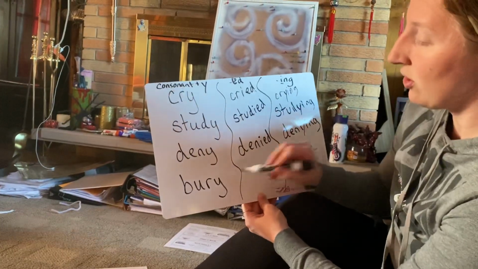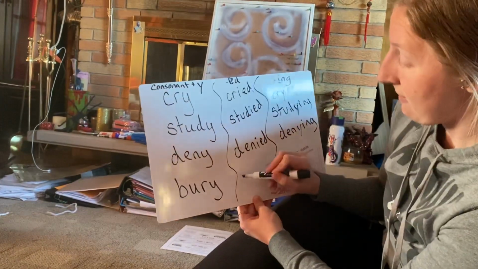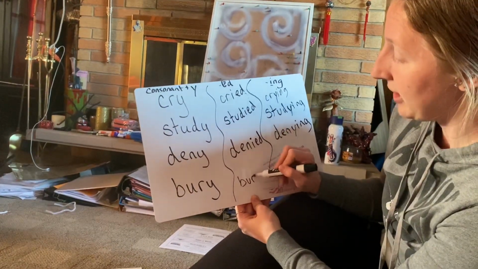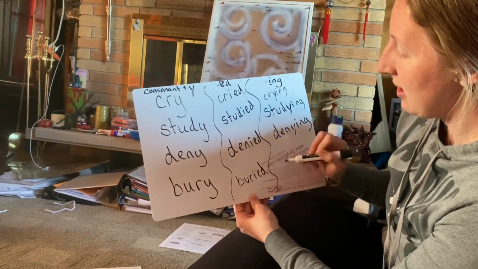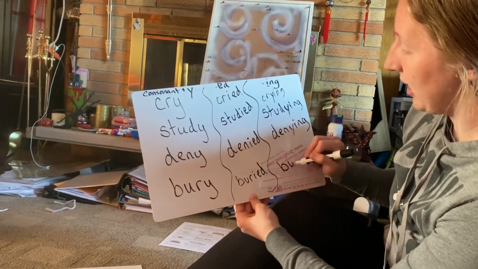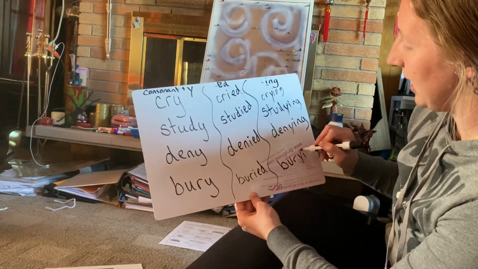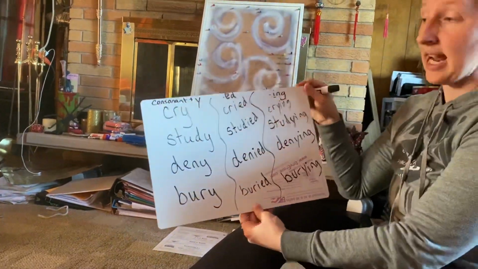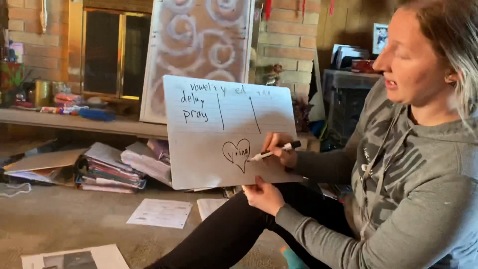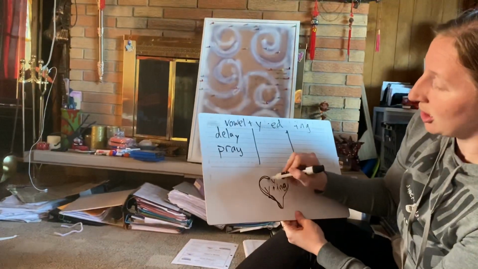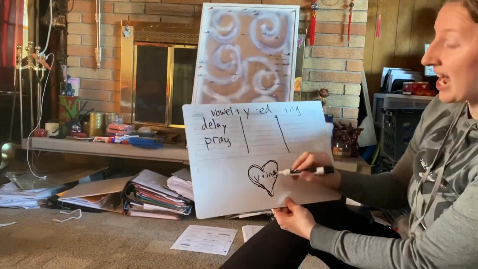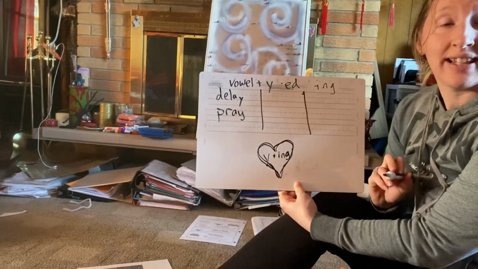Starting to get the picture? Bury. You would drop the Y, add an I, buried. And for ing, you put burying. The reason for this is just like our Q and U, Y and ing, they love each other.